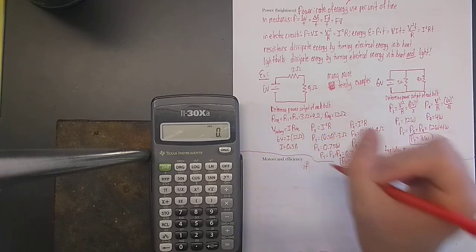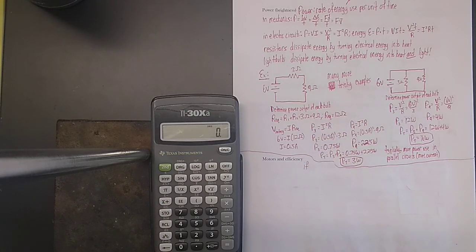Sometimes you'll get a problem that involves a motor, an electric motor, and it tells you information about the circuit, and then it asks you, okay, well, at what rate is the motor doing mechanical work, or figuring out the mechanical power.